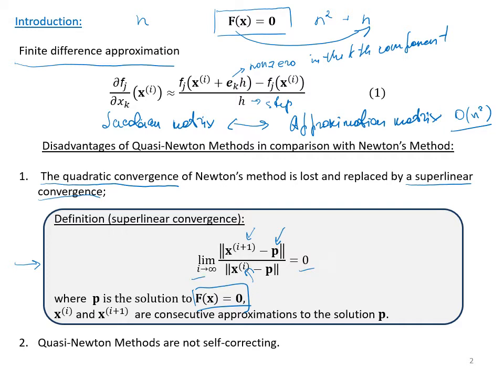In other words, superlinear convergence means convergence faster than linear convergence, but slower than quadratic convergence.